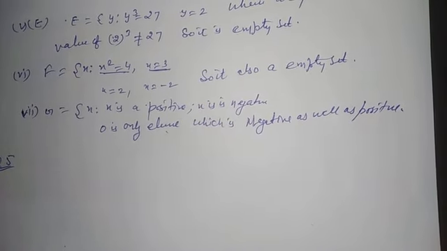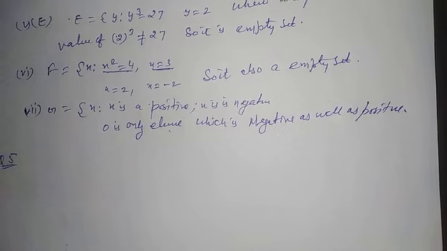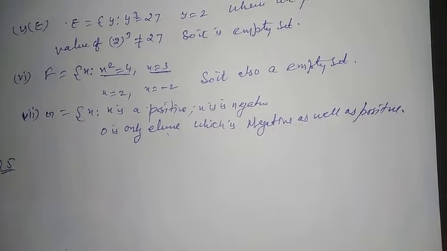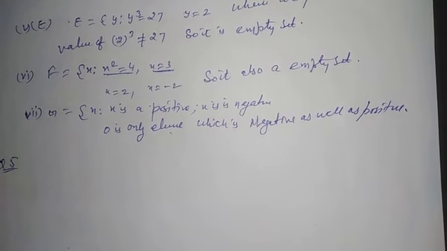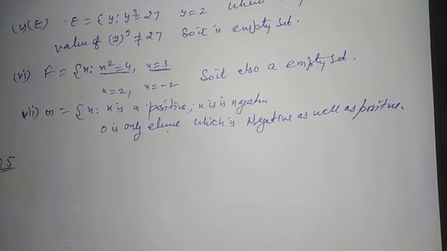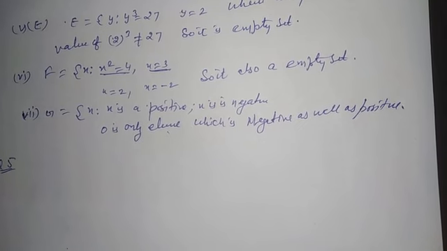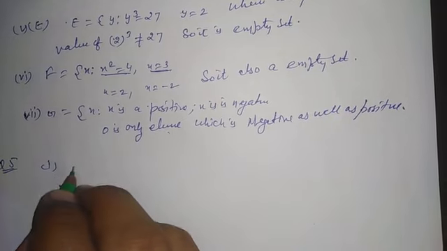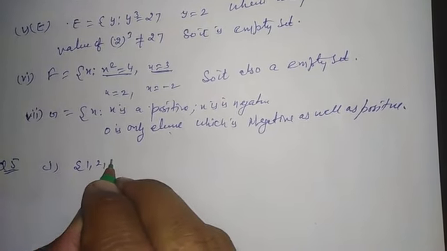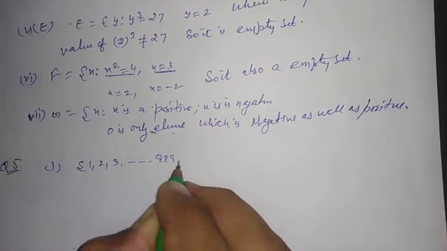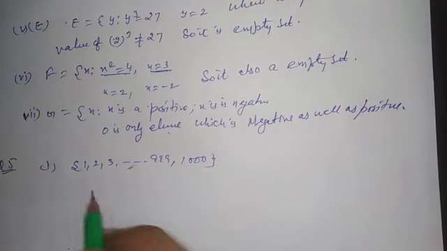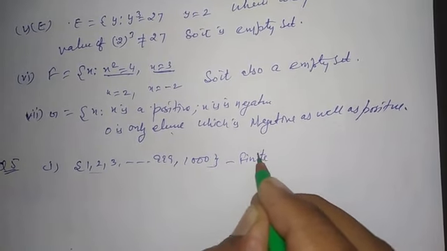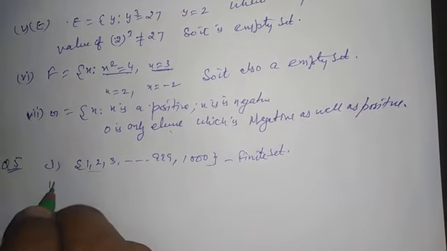Question number 5. State whether the following sets are finite or infinite. First we read the definition. A set containing finite elements is a finite set and infinite elements is an infinite set. In the first part, elements of the set are 1, 2, 3, 99, 100. Its elements are finite, so it is a finite set.